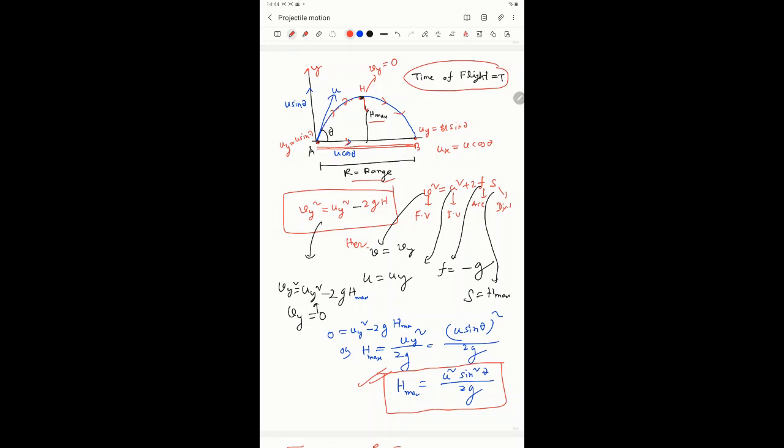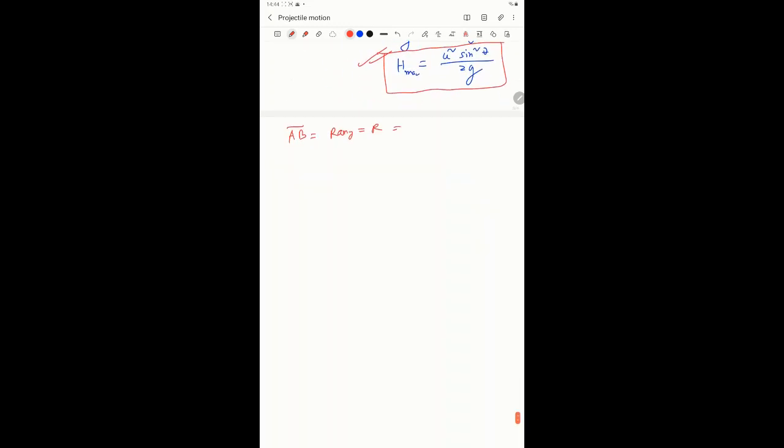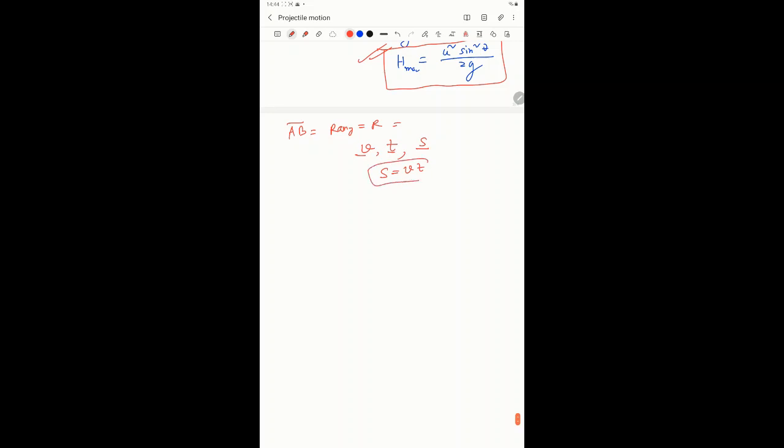With this velocity it is traversing in the x direction. In the x direction, the velocity is not changing. So we know that if a particle traverses with a constant velocity v in a time t and covers a distance s, then s equals v into t, where v is the constant velocity and t is the time the particle takes to traverse the distance.